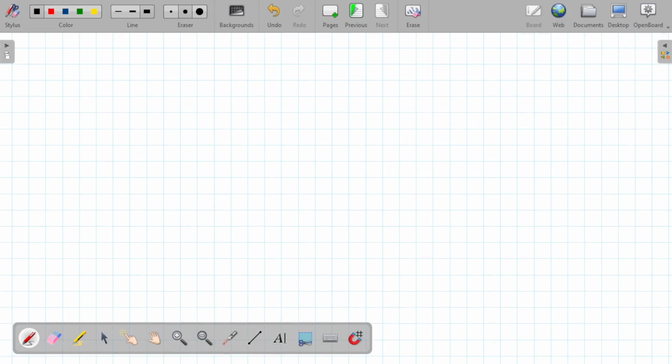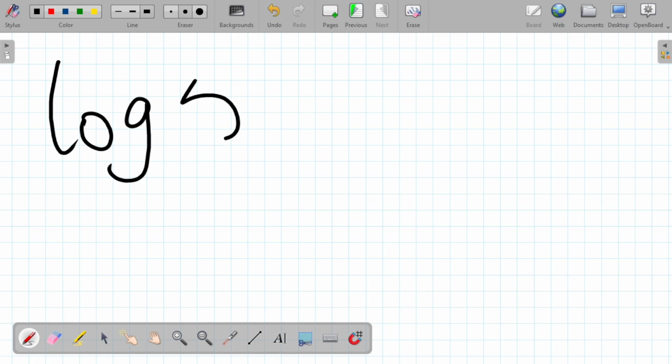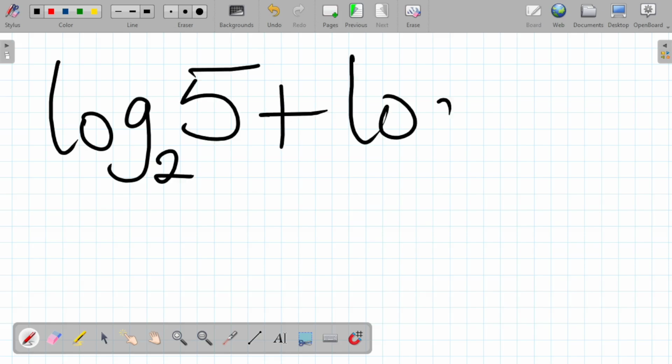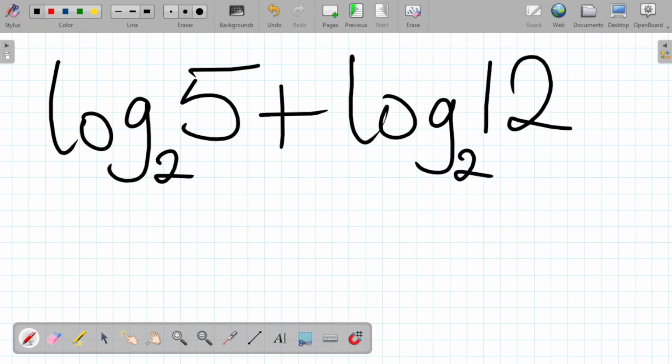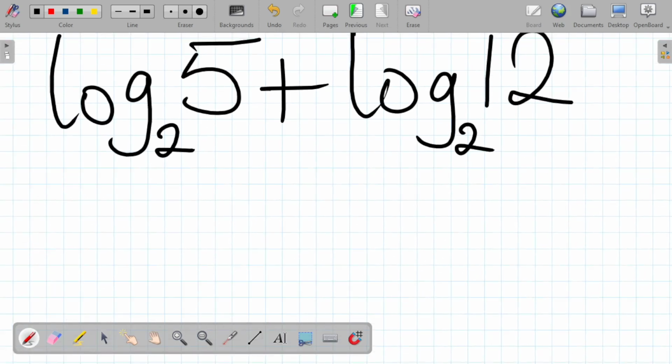Alright, let's take another example. If we have log 5 to base 2 plus log 12 to base 2, and we are asked to add this up, you notice that both of them have the same base, 2 and 2.